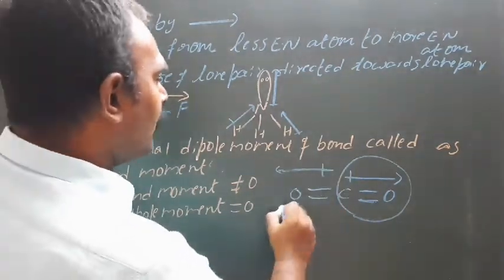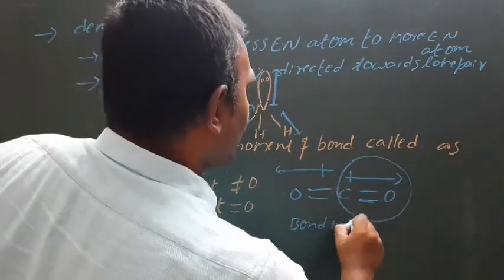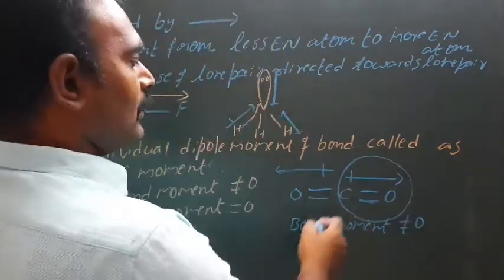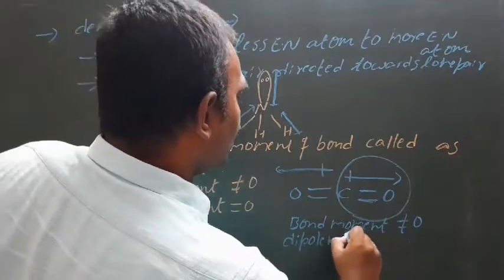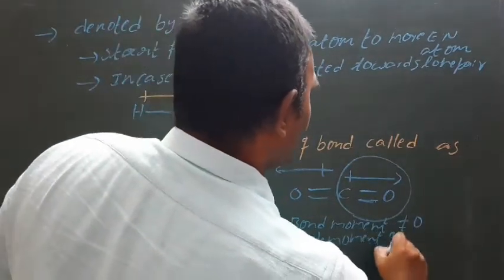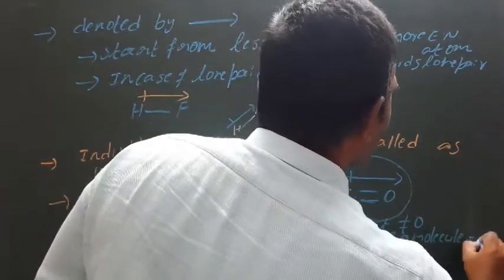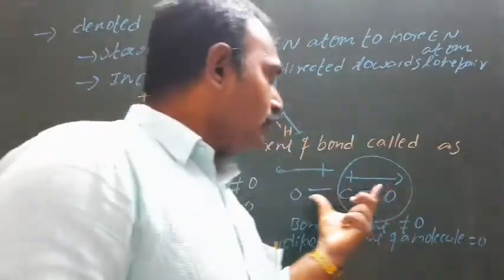Now see here, the bond moment here is not equal to zero. But the dipole moment of the molecule is equal to zero, because the two bonds are opposite.